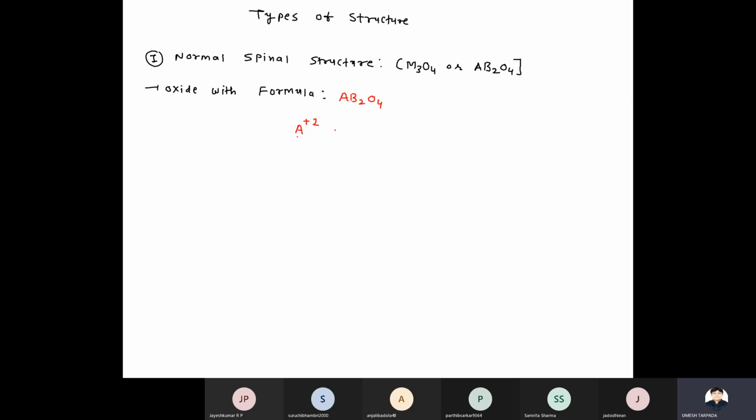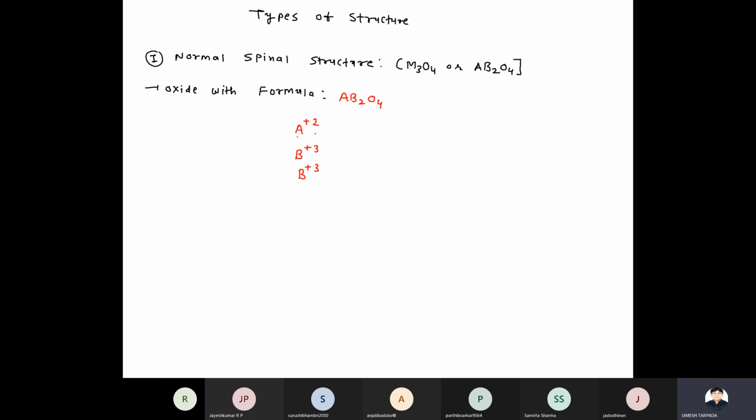That means A is in a +2 state, and all the B are in a +3 state. So one metal is with +2 and the other 2 metals with +3 state. One metal will be in +2 state, and the other 2 metals will be in +3.